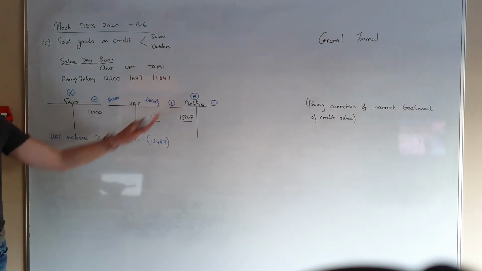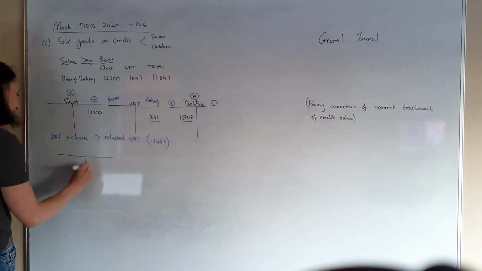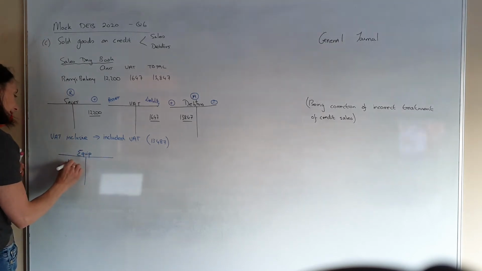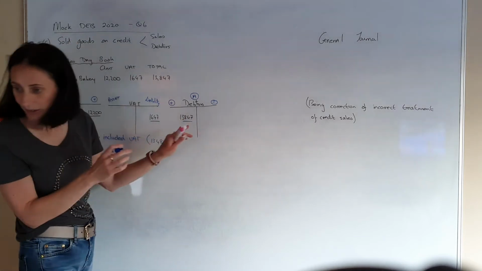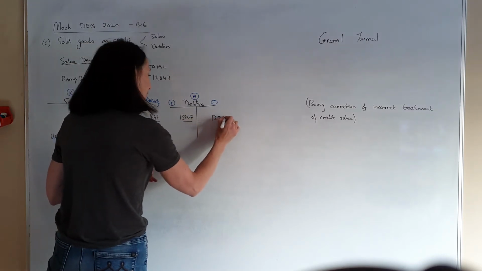I haven't mentioned equipment there, so what they actually did, put this in blue, they opened up equipment and on the debit side they put in the figure including VAT, which is 13,487. The VAT exclusive figure, meaning the figure without the VAT, was entered on the debit side of the debtors. So that was 12,200.